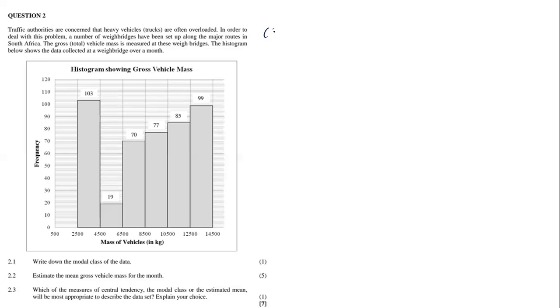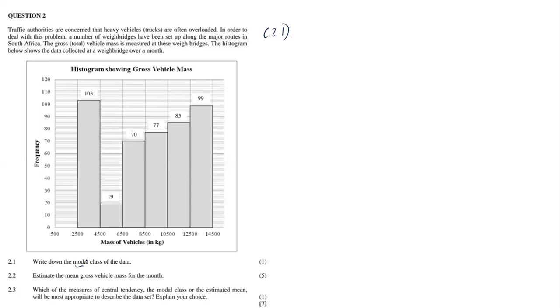Now, 2.1, it says to us, write down the modal class of the data. You see, I want you to learn how to answer these questions. Here they say, write down the modal class. So when they say class, they mean the interval. Okay? So the mode, what is the mode?